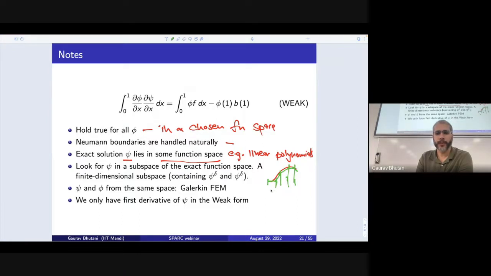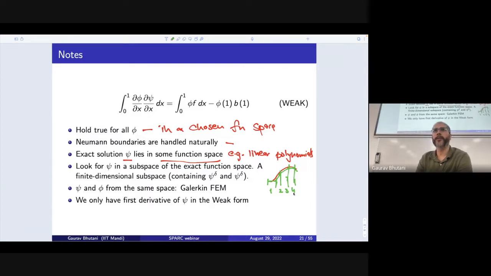I have these regions 1, 2, 3, 4, and in each region I will use a first order polynomial or a linear polynomial to approximate the solution, and I will collectively find the overall solution as a collection of these linear polynomials.